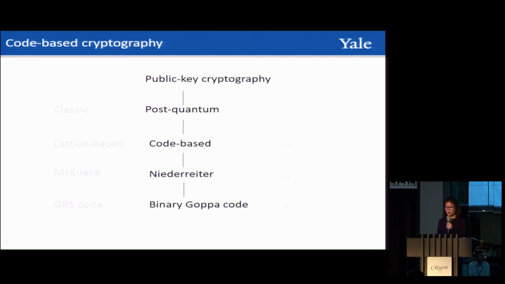Later, the efforts with binary Goppa codes have remained secure to this day. More recently, people tried to introduce some structure into the code, for example QC-MDPC codes, but there have been attacks on these schemes. So in our implementation, we focus on a binary Goppa code-based Niederreiter cryptosystem.